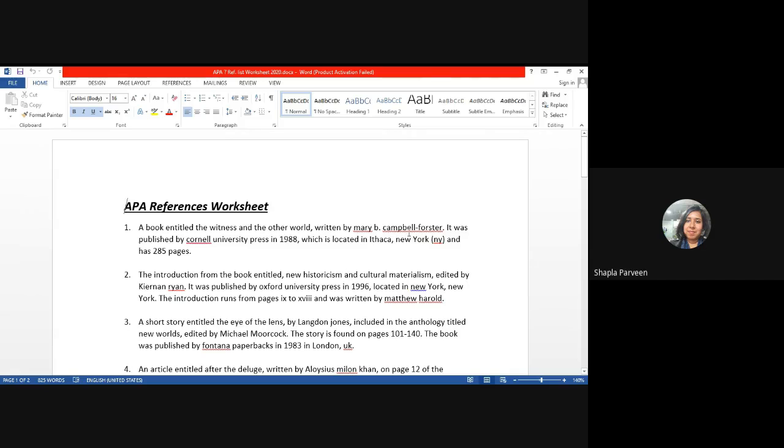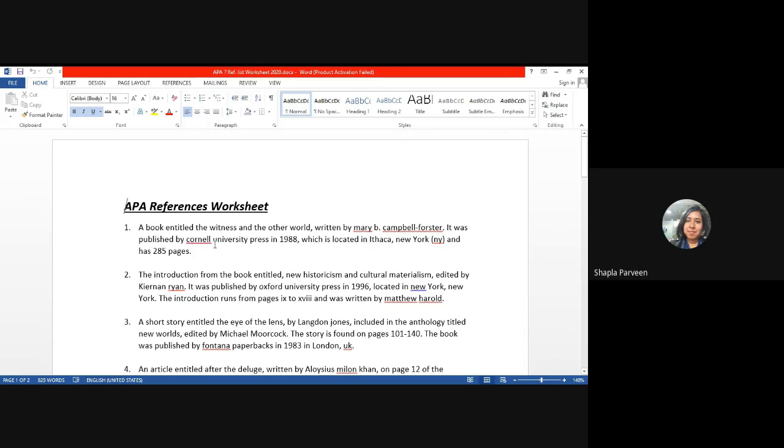So basically, the name should be Campbell-Foster, then comma, M dot B dot, the initial of the first and middle name. Okay. And then it says it was published by Cornell University Press in 1988. So 1988 is the year of publication, and the name of the publisher is Cornell University Press.